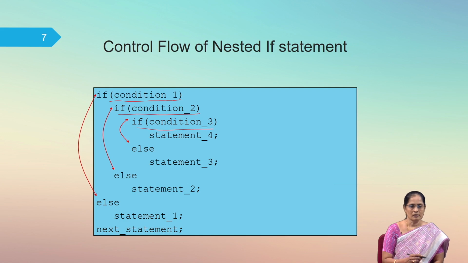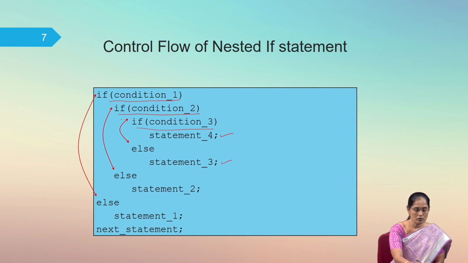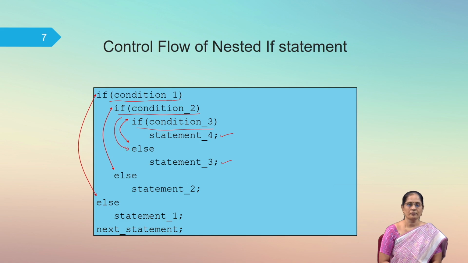We can see the red arrow marks that denote how the control flow is transferred. On checking condition 3, if it is true, it executes statement 4, or else it executes statement 3. Henceforth, the control flow goes from this end to the other.